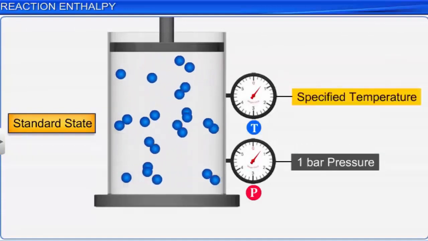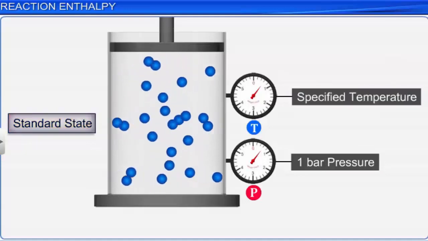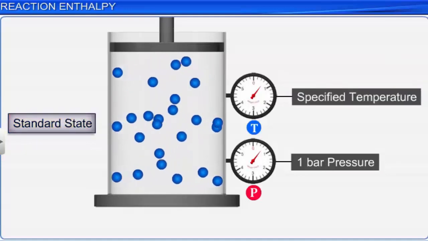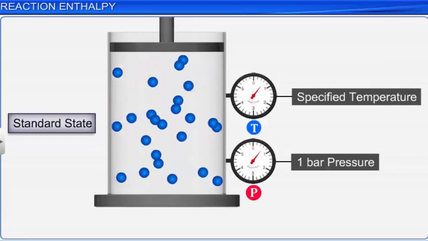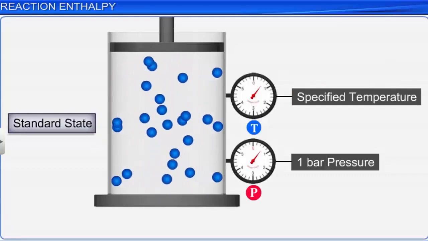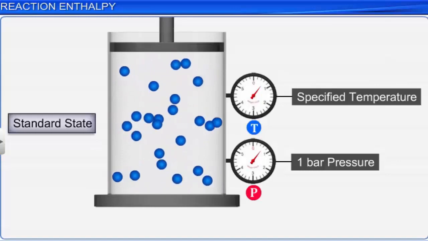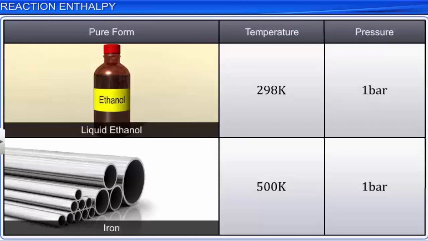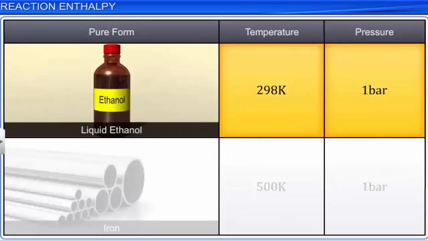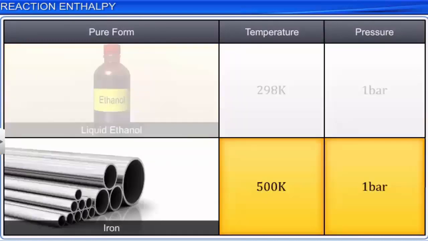In other words, when the enthalpy of a reaction occurs at 1 bar pressure and specified temperature, it is called standard enthalpy. For example, the standard state of liquid ethanol is pure liquid ethanol at 298 Kelvin and 1 bar pressure, and the standard state of solid iron is pure iron at 500 Kelvin and 1 bar pressure.